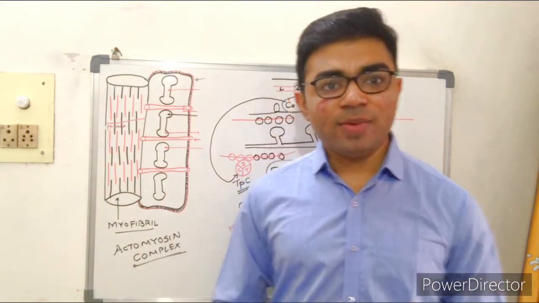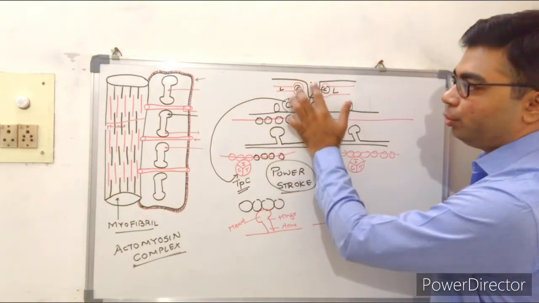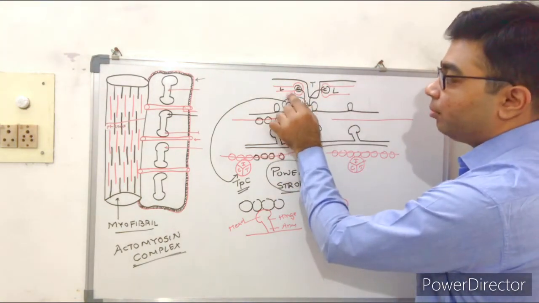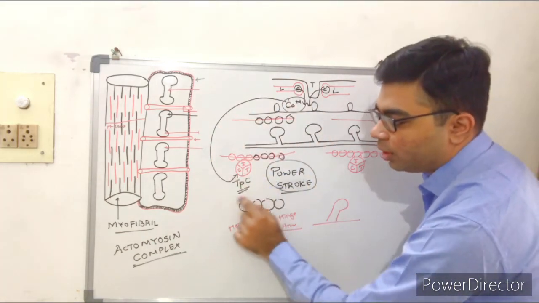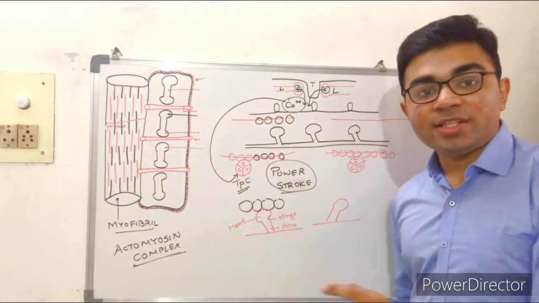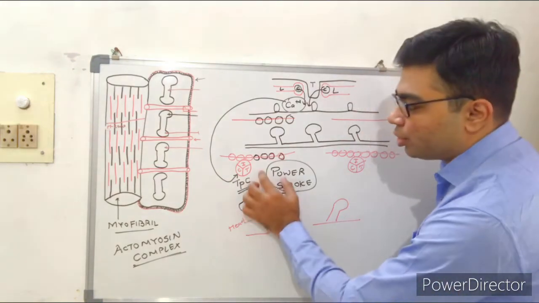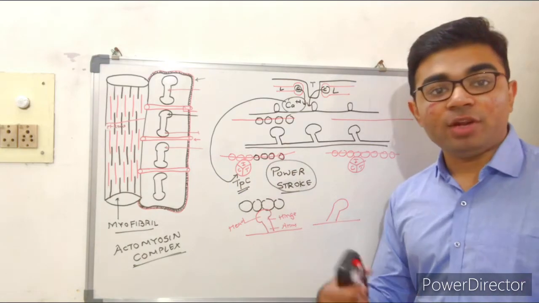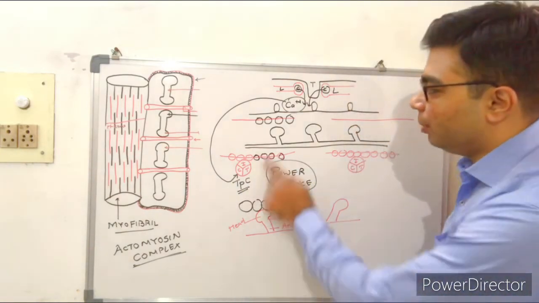So again, let us revise the whole procedure. The action potential arrives in the T-tubules, and from the cisternae, the calcium ions are released. Calcium ions are going to bind with the troponin C. In this troponin C, some structural changes are going to take place, so that the active site of the F-actin will be uncovered, and they are ready to bind with the head of the myosin.